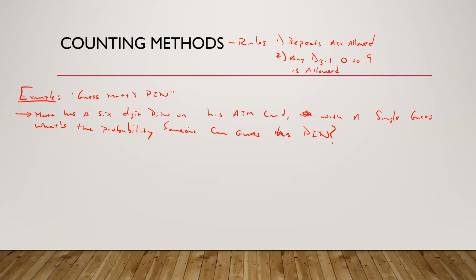So I want to find the probability that someone takes my ATM card, plugs it into the ATM machine and presses 6 random digits. Like this would be an acceptable PIN number: 137748. That's not my PIN number, by the way. So what's the probability they guess correctly?